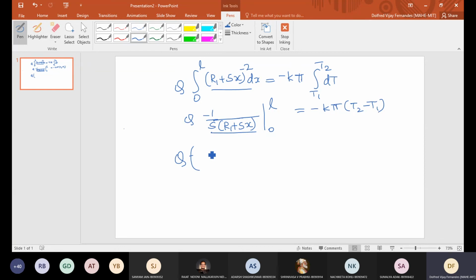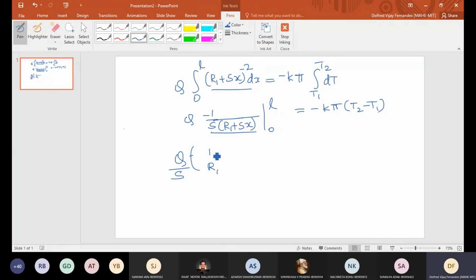Since this is 0, S can be taken outside, and you can write this as 1 by R1.